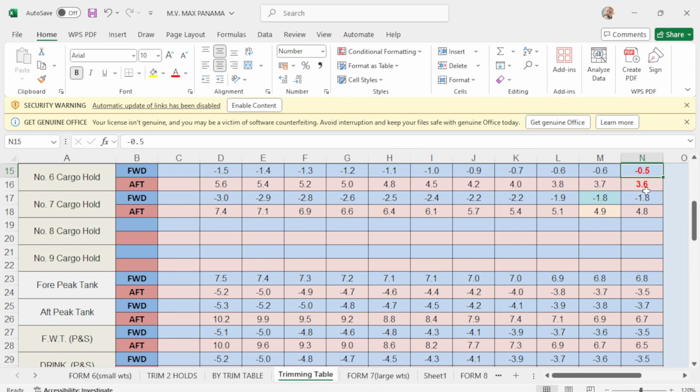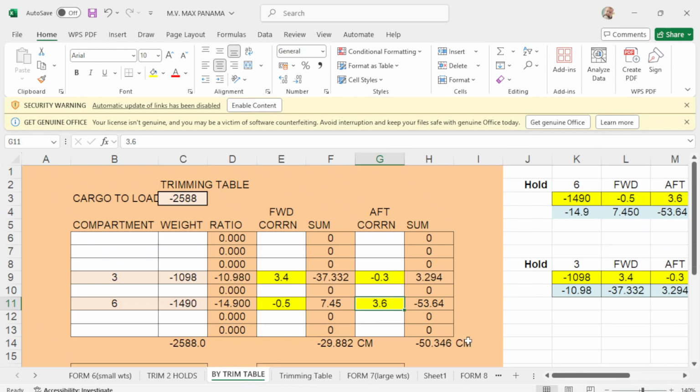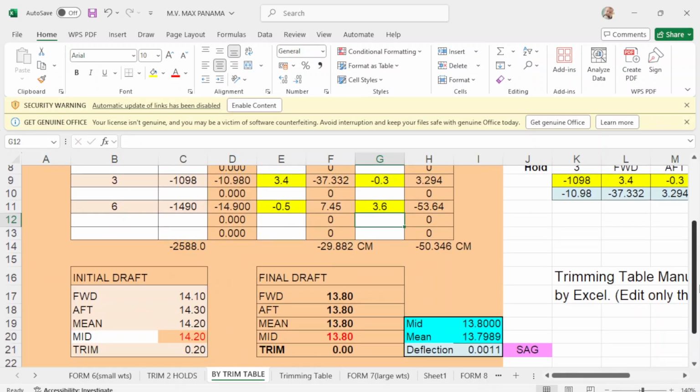It is 3.6. Okay. Put here 3.6. And what will be your final drop? Final drop will be even keel. Okay. Trim 0, mean is 13.80 even keel, and your deflection is 0.